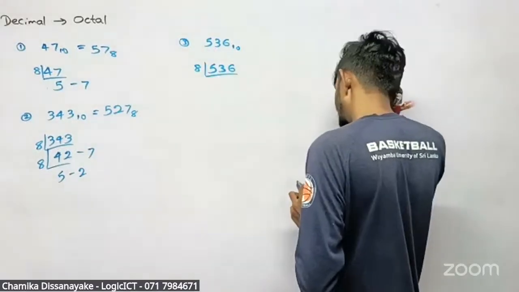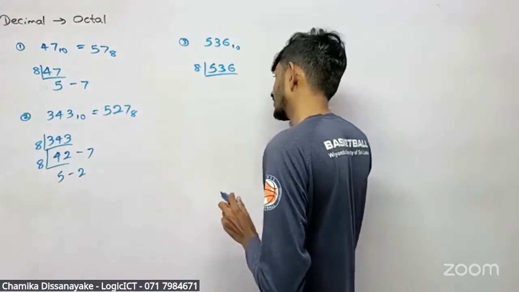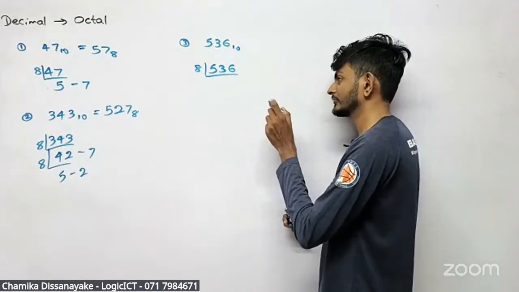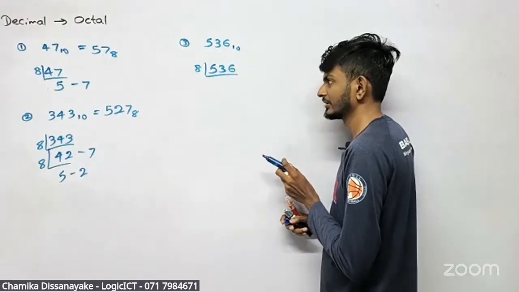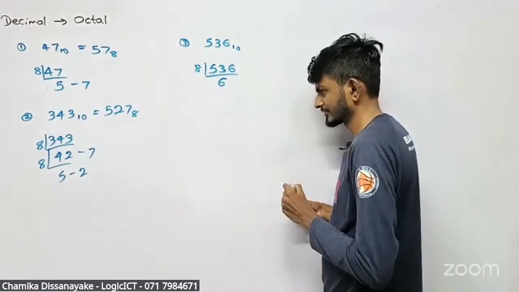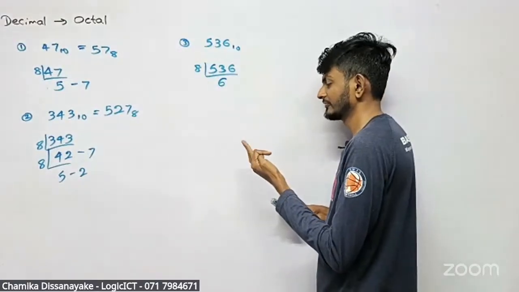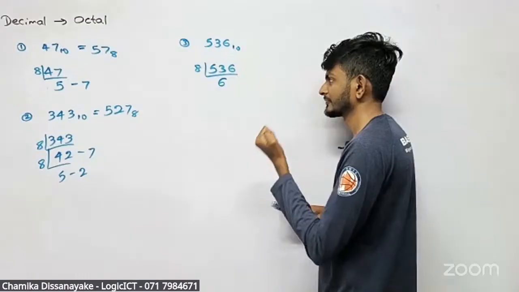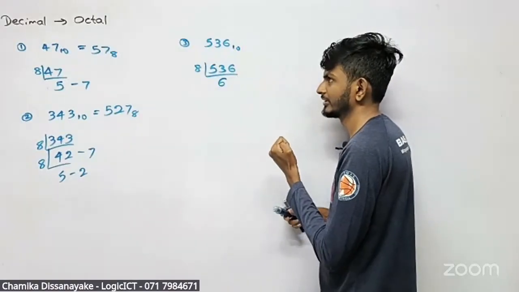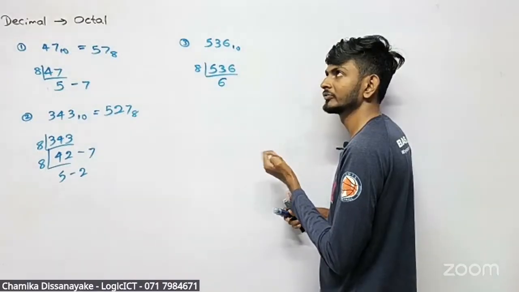For 53, how many 8s are there? For 40, we have 5. For 48, we have 6. 48, 49, 50, 51, 52, 53. 5 remainder.